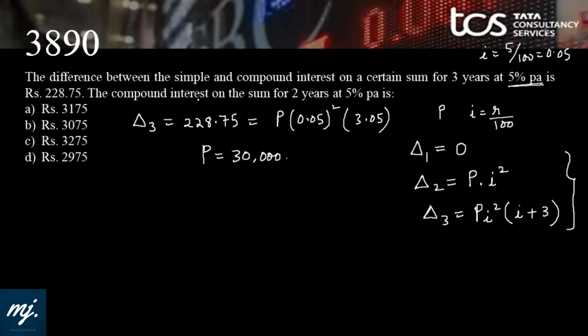Now the question: the compound interest on the sum for 2 years at 5% per annum is how much? Okay. So that amount we can calculate for 2 years. That is 30,000 into, at 5%, 1.05 whole square. That gives the amount; then from the amount if we cancel out 30,000, we'll get the compound interest.